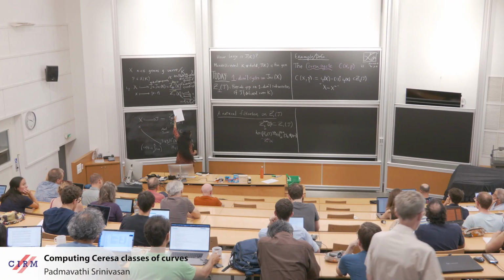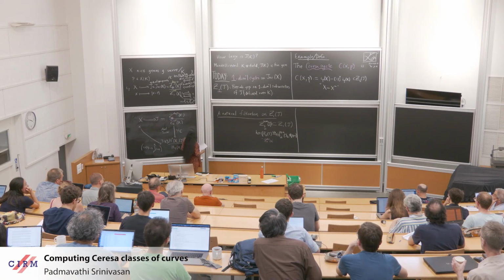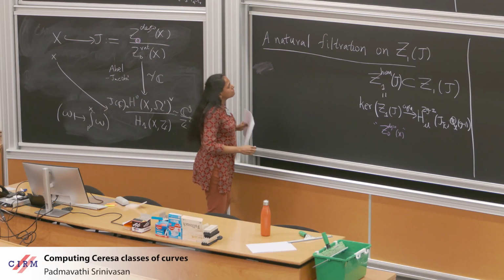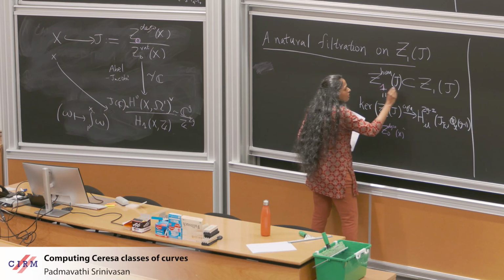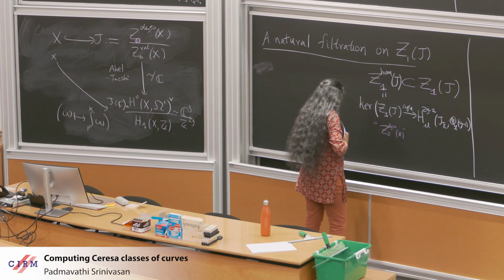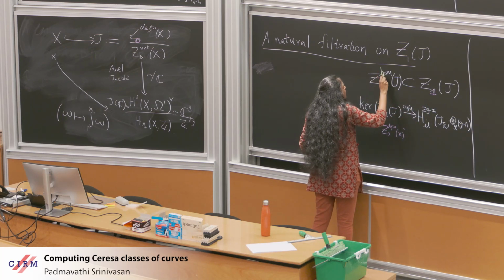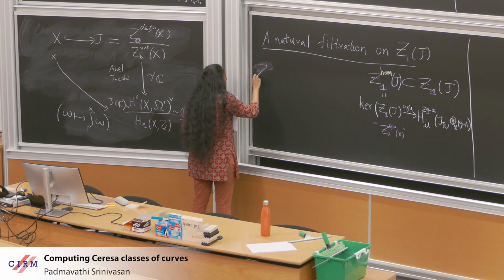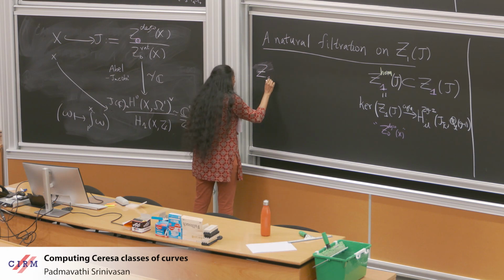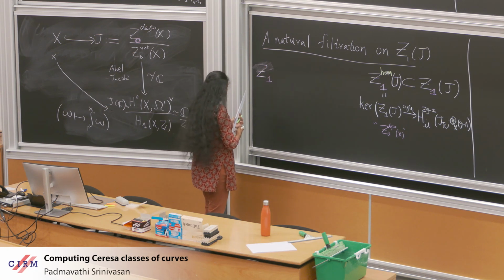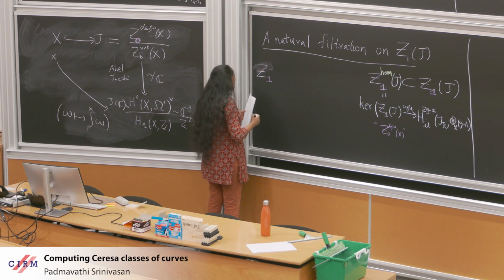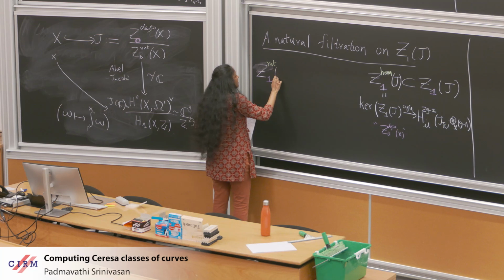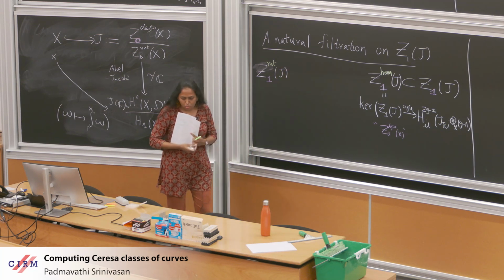You also have an analog of the rationally trivial divisors. So this one here is, again, keeping track of the dimension of my subvarieties, and you have the rationally trivial 1 cycles.